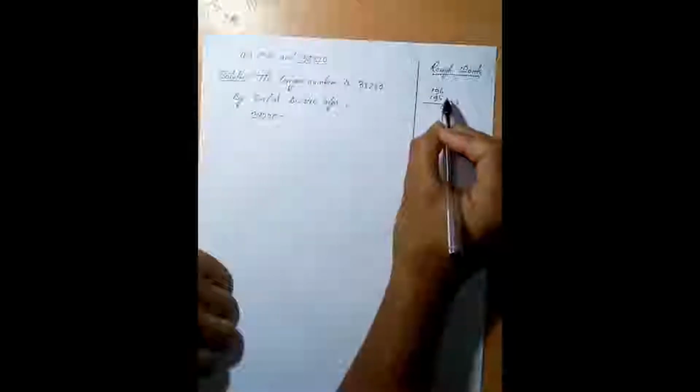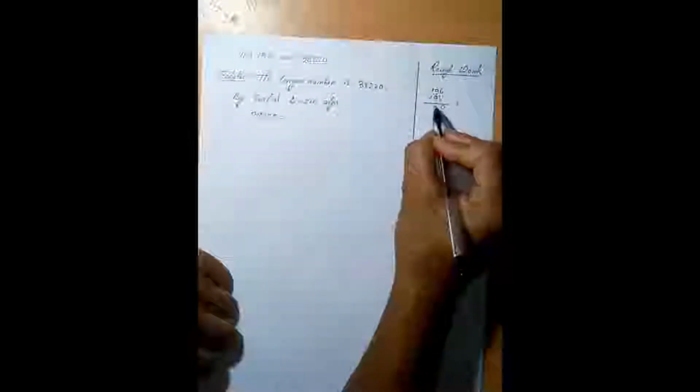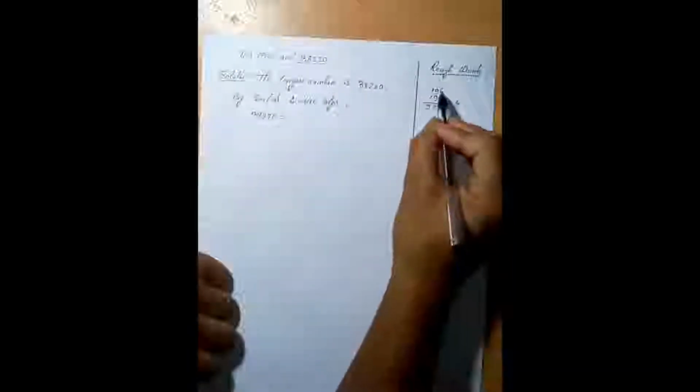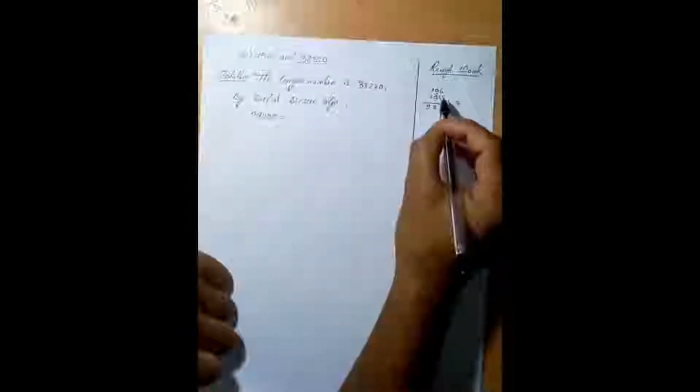6 fives are 30, then 9 fives are 45, 48, then 4 plus 5 is 9, 9, 6.